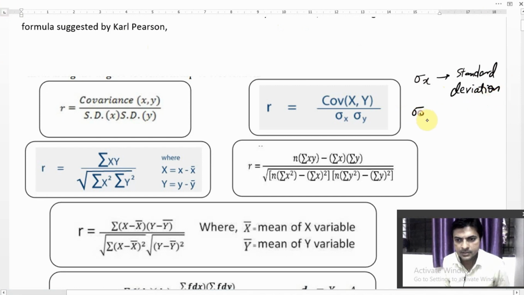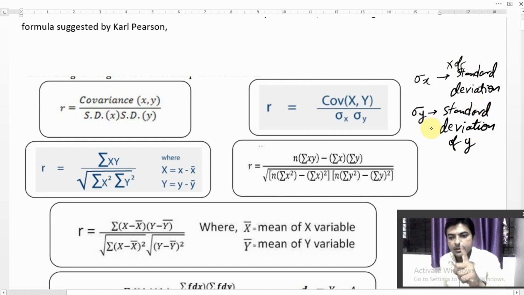Similarly, we have sigma y, which I am going to take as the standard deviation of y. Even in the calculator, we are going to take sigma x and sigma y as the standard deviation of x and y.